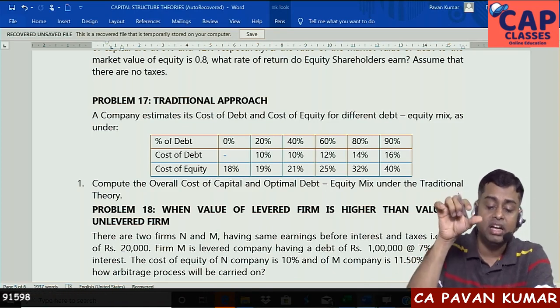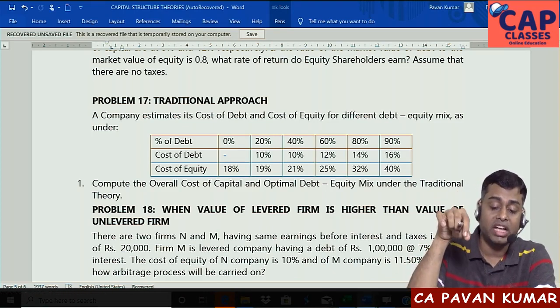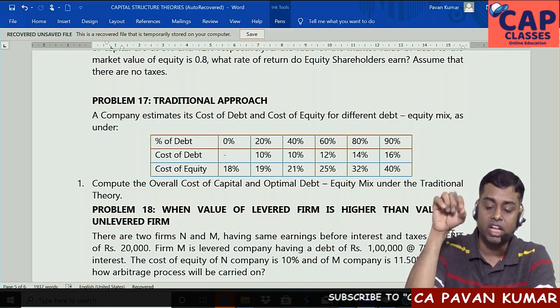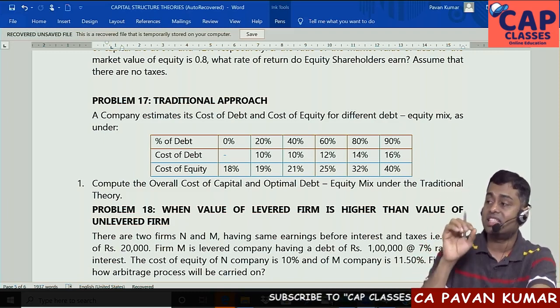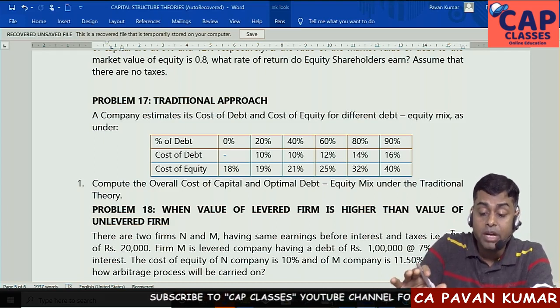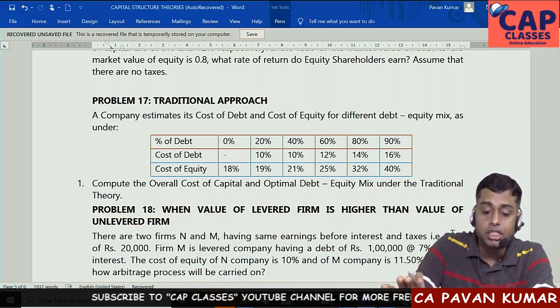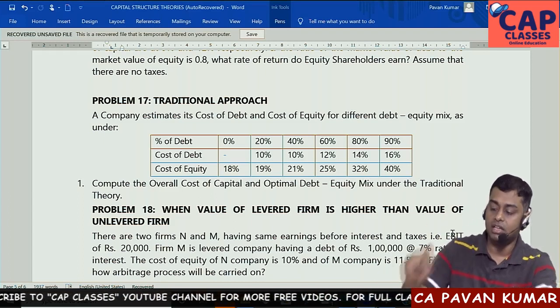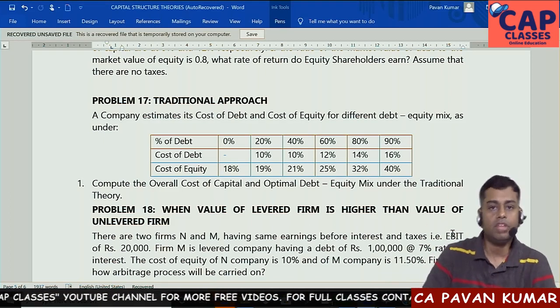At 20% debt, cost of debt is 10, cost of equity is 19. 40% debt 10, 21. 60% debt 12, 25. 80% debt 14, 32. 90% debt 16 and 40%. Compute the overall cost of capital and optimal debt equity mix under traditional theory. This is what our question is. Read the question again. Simple question.